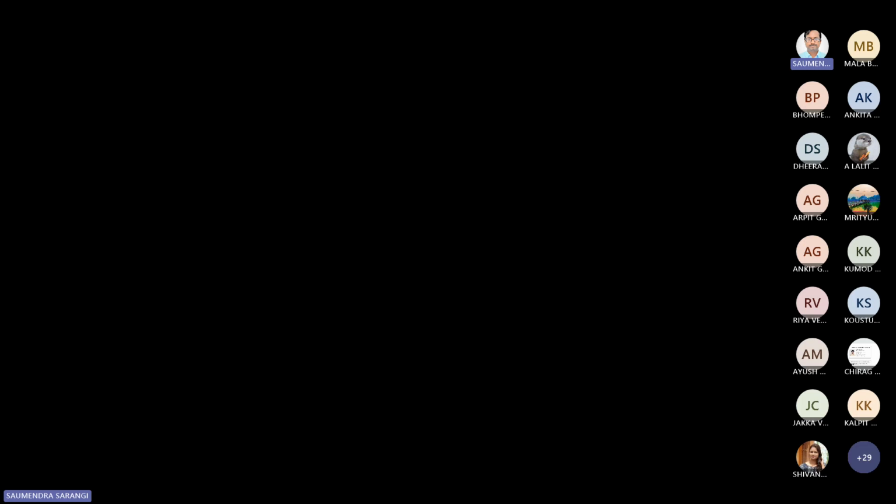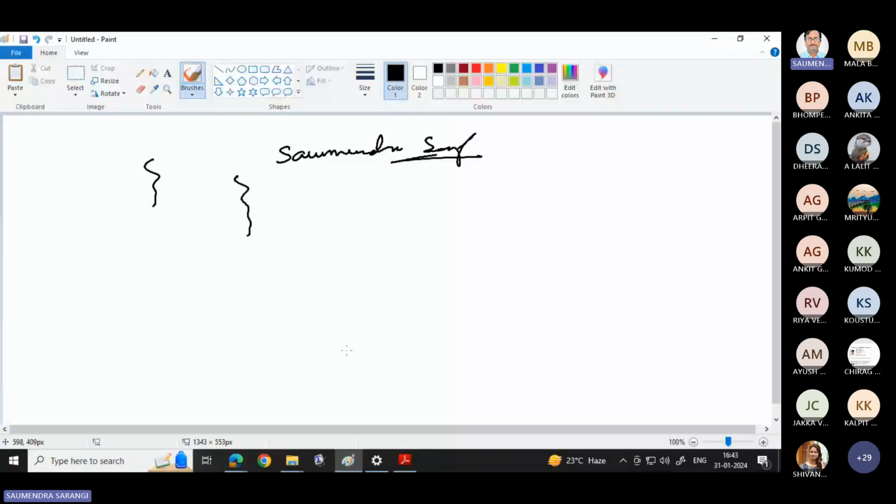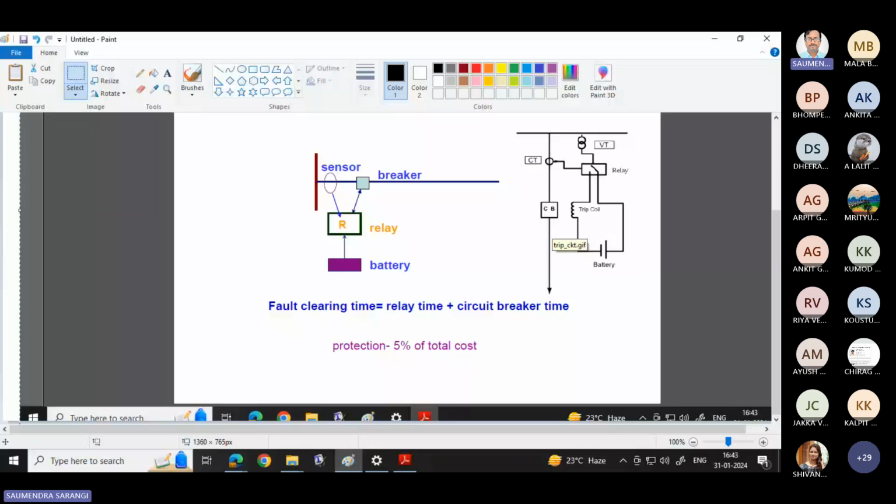Now, if you observe the whole scenario of how it happens in our system, this CT and PT may have different ratings.